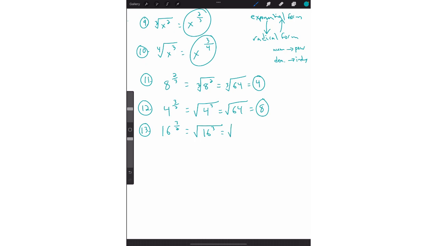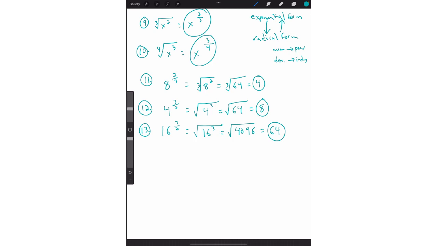And 16 to the 3rd power is actually 4,096. 16 times 16 times 16. It's a bigger number. And then if we find the square root of 4,096, we end up getting 64. So our answer to number 13 is going to be 64.